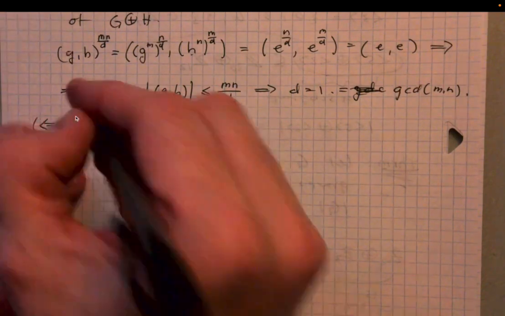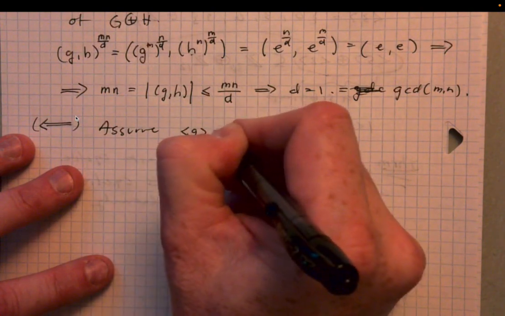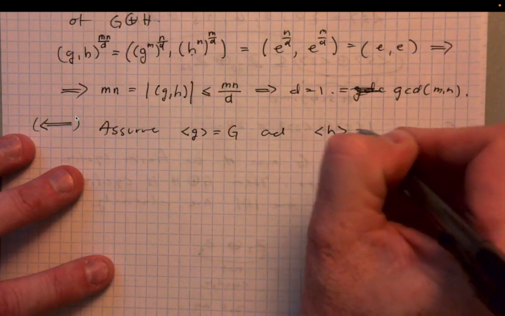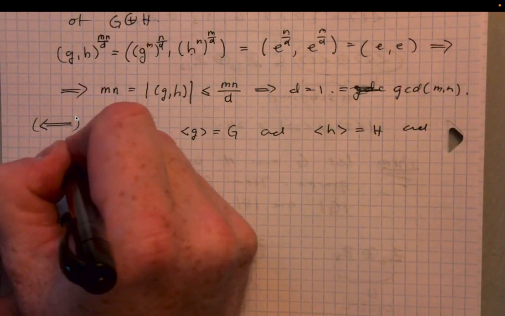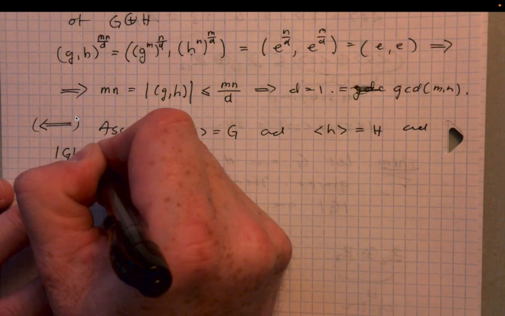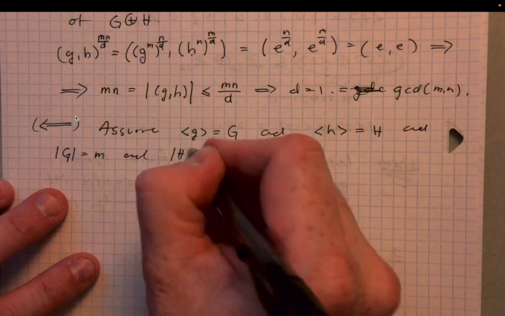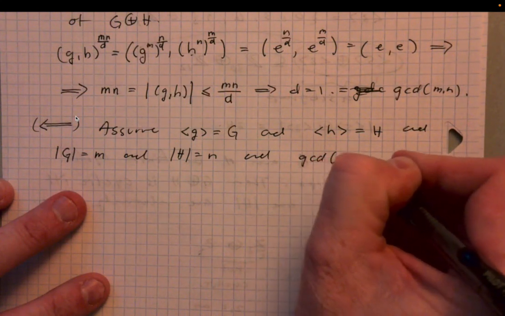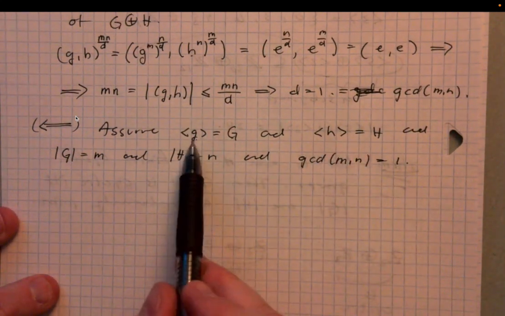So we'll assume that there's a little g that generates G and a little h that generates H. And of course, we're assuming the order of g is equal to m, and the order of h is equal to n, and the greatest common divisor of m and n is equal to 1. So we're assuming all of that.